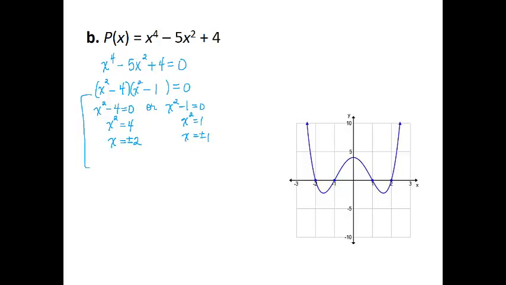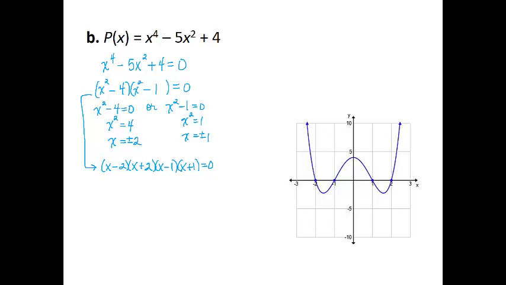So just to note, if you had done the factorization, x squared minus 4 is a difference of squares: (x minus 2) times (x plus 2). x squared minus 1 is also a difference of squares: (x minus 1) times (x plus 1), and set those equal to 0. You could have the 4 distinct factors that you then set equal to 0 to solve.